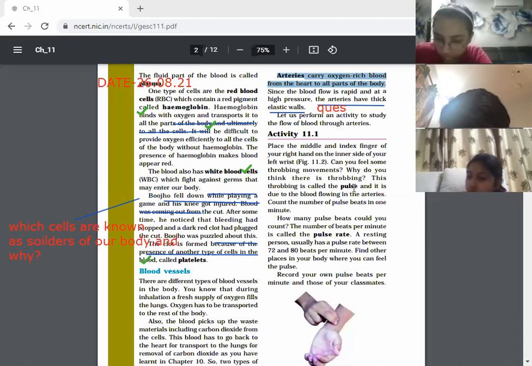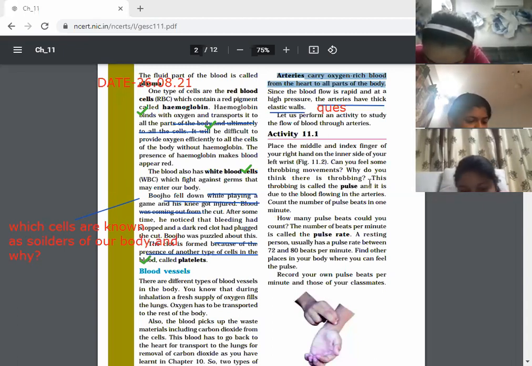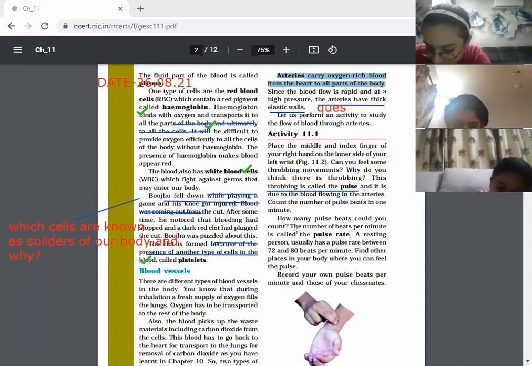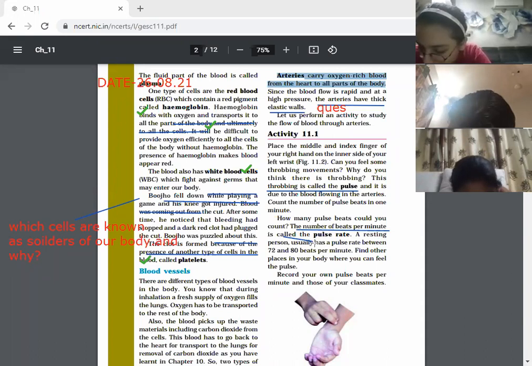Next, we can feel the throbbing of blood. That is known as pulse. Throbbing of blood is known as pulse. So children, you may underline what is pulse and what is pulse rate. This is the definition of pulse: the blood flowing in the arteries, and the number of beats per minute is called pulse rate.